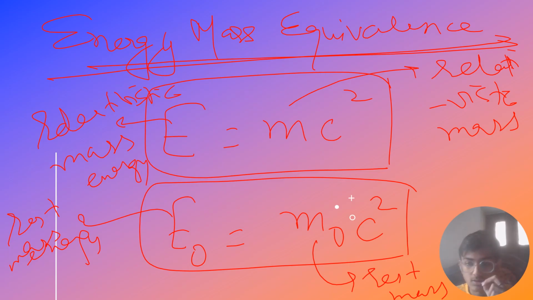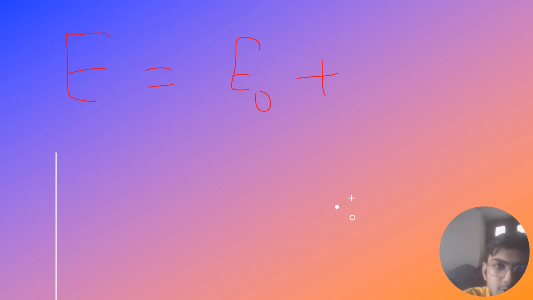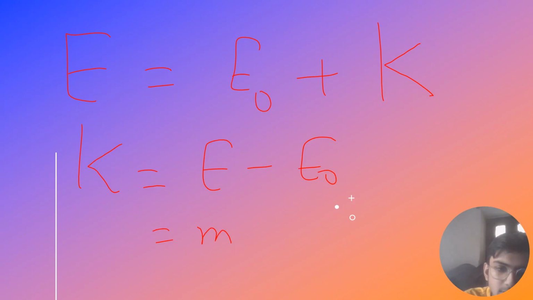Okay, so this E is actually the sum of all energies. Let's discuss it. Here this particular E is the total energy, which is the sum of E naught and kinetic energy. Now this kinetic energy is E minus E naught. We can write it as m minus m naught times c square.